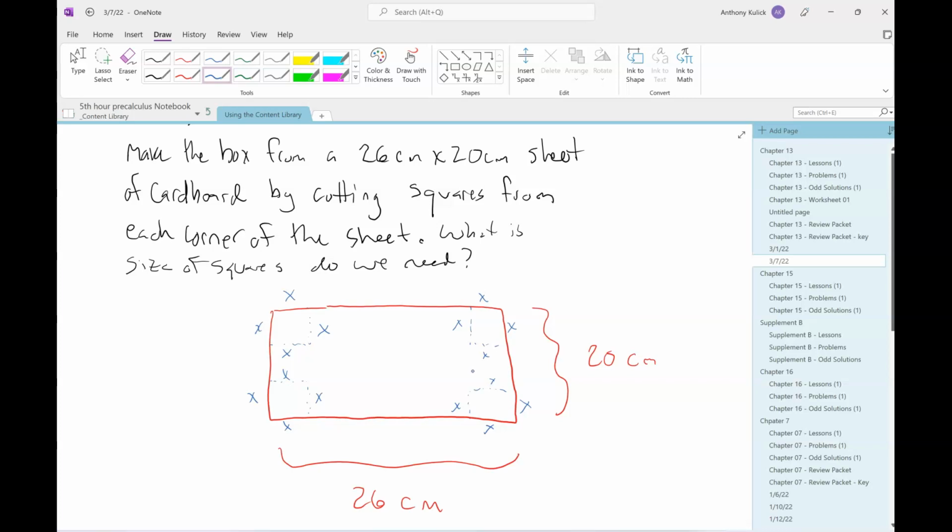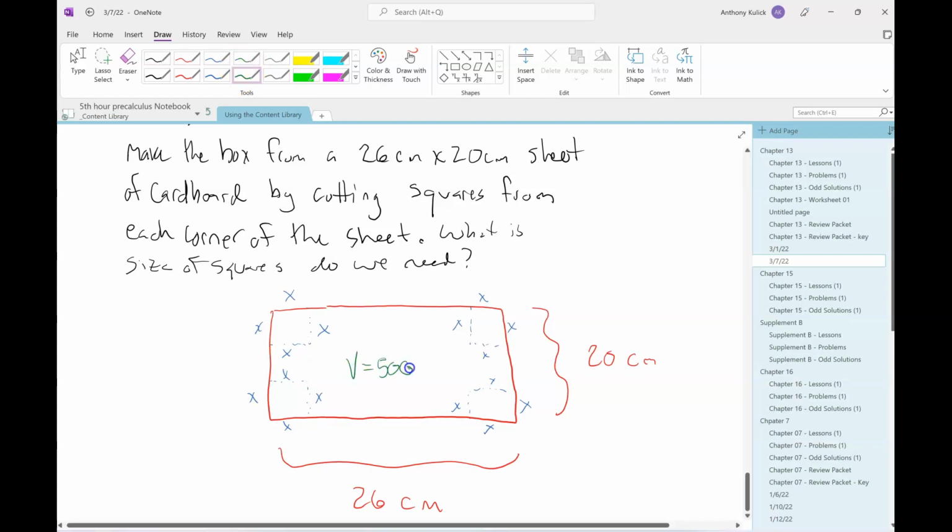That's what I want to find out in the question. I know the squares are all going to be the same size, because if the box is going to be a real box, you want it to have all the same side lengths. You don't want it like some goofy, crooked looking box. And we know that the volume here has to be 500 cubic centimeters.